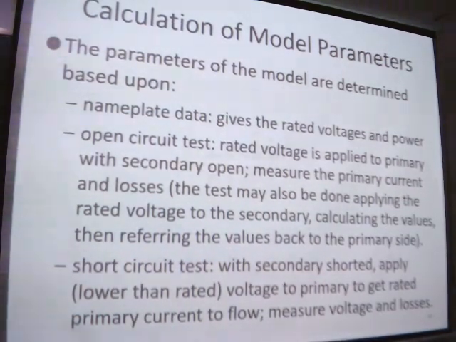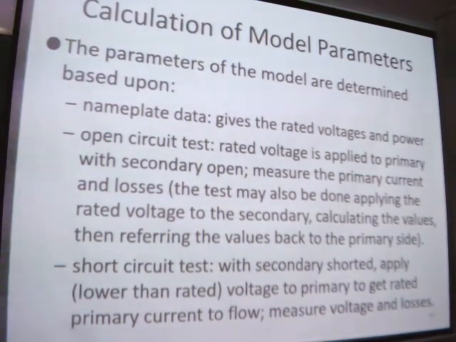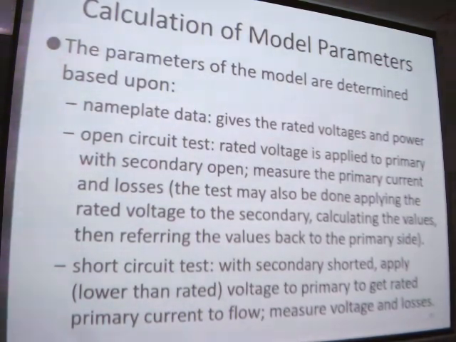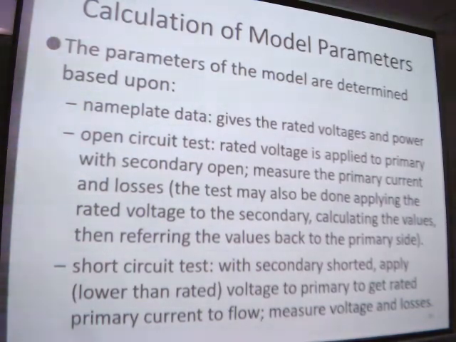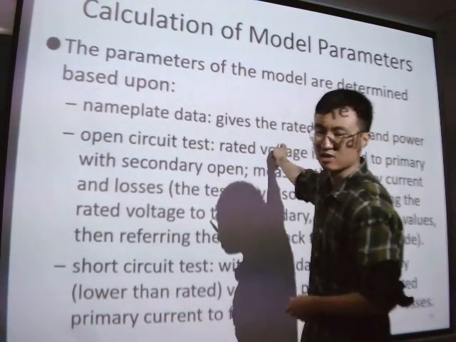So this is the transformer, and this is the nameplate. Its voltage is 220 V versus 110 V. We know that the turns ratio will be 2. This is the rated data, and every parameter in the branch is rated.